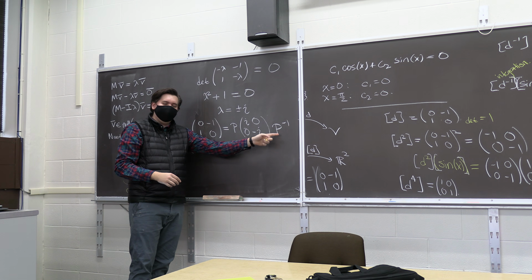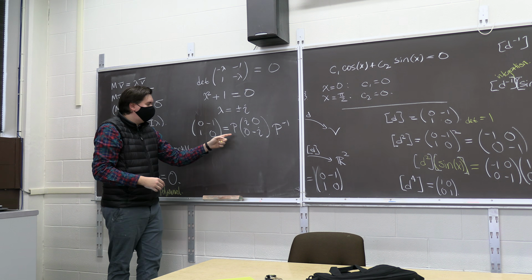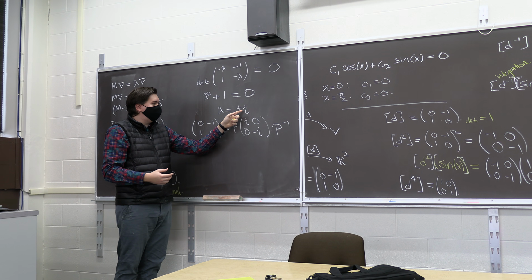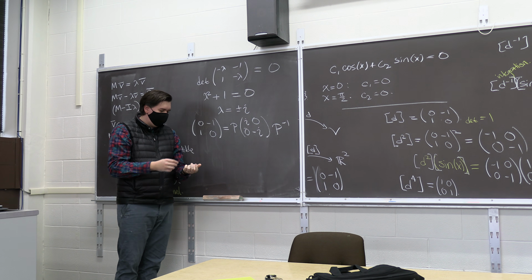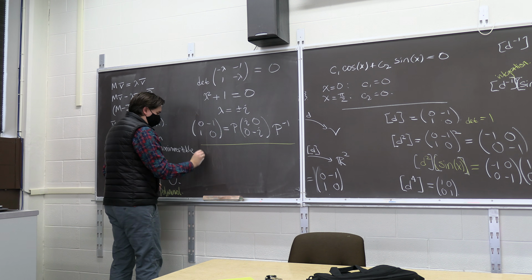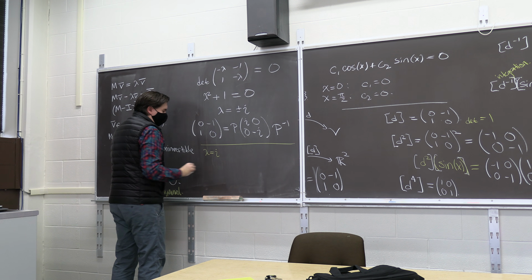How do we figure out P and P inverse? Well, these are going to be the linearly independent vectors that correspond to each lambda. And so to figure those out, let's think about the two cases. The first case is when lambda is i.